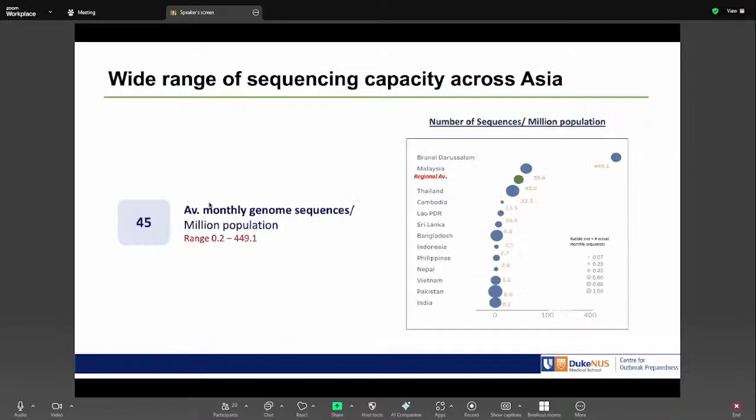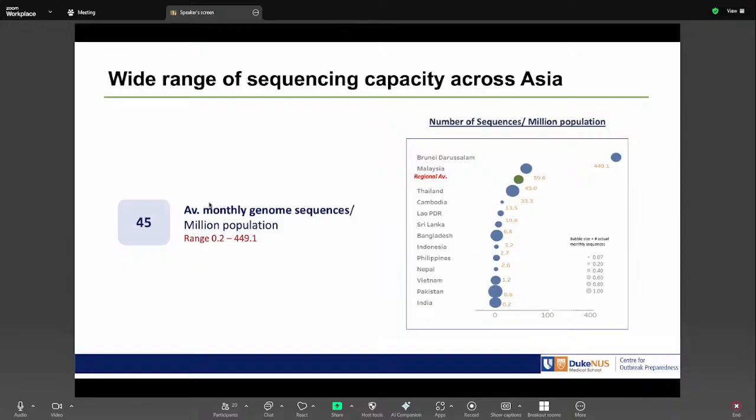Okay, and we then wanted to look at the capacity of sequencing in terms of how many sequences they are releasing per million population. And as you can see here, there's a huge range.